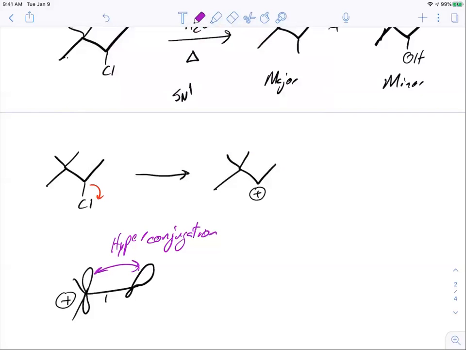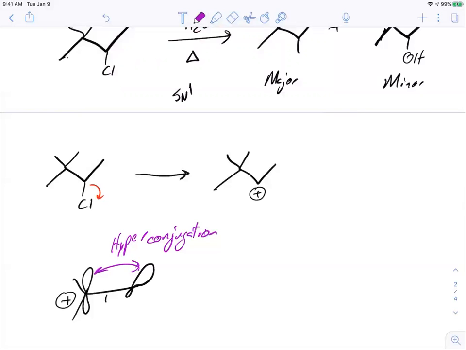That's why a tertiary carbocation is more stable than a secondary carbocation is more stable than a primary carbocation. Because I have that sp3 carbon electron density that can back donate to the pi system, the pi of the carbocation.